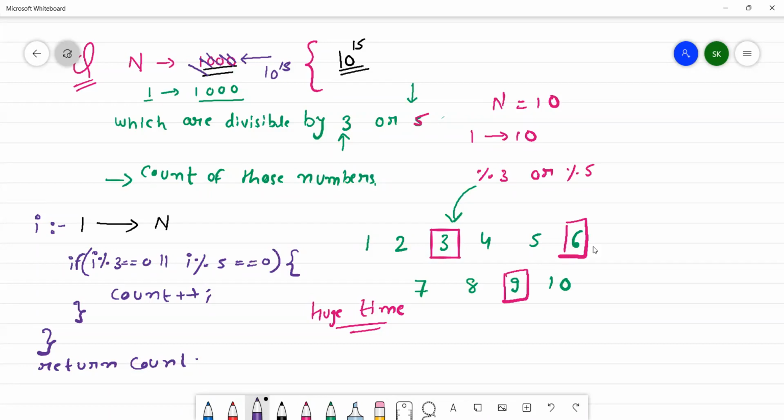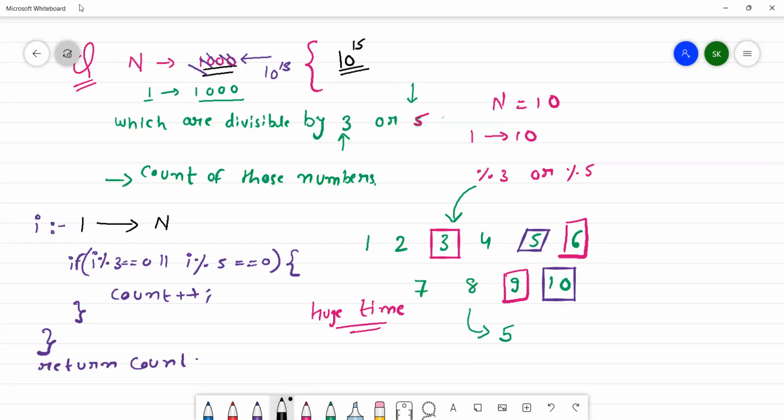I'm talking about 3. So for 3, all the multiples are done. Now for 5, the numbers are 5 and 10, correct?